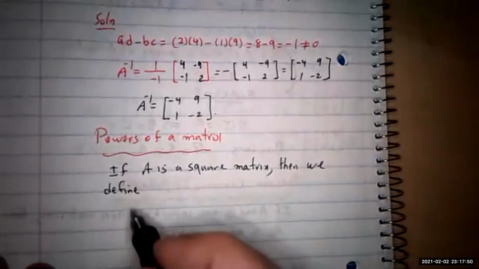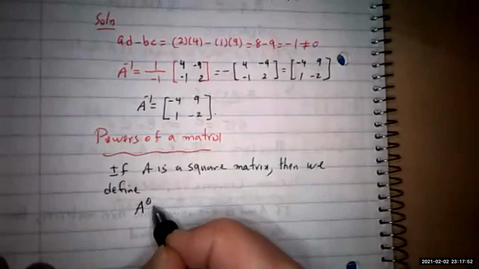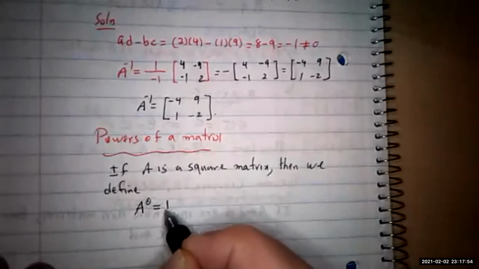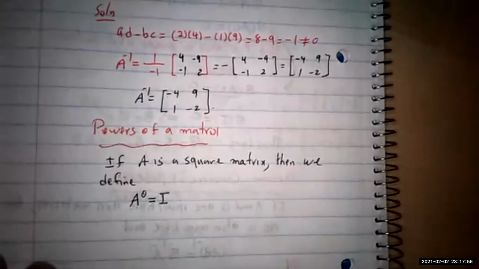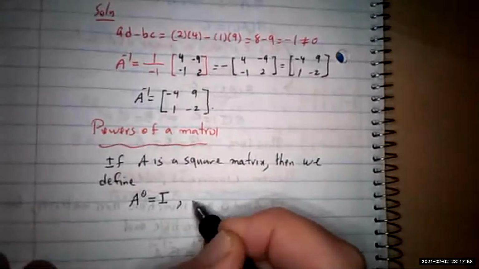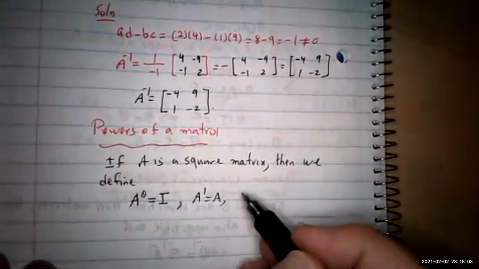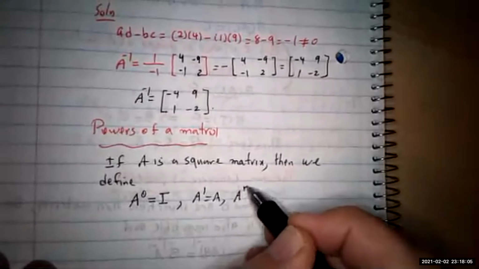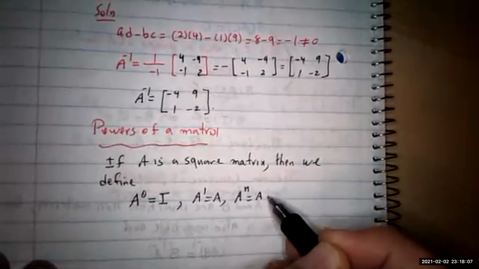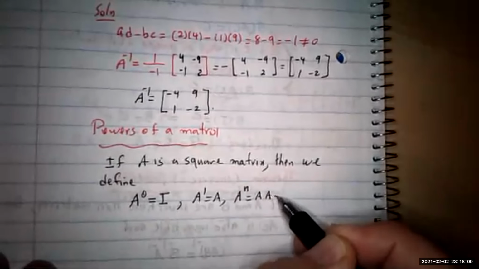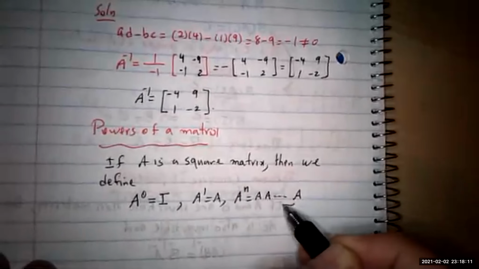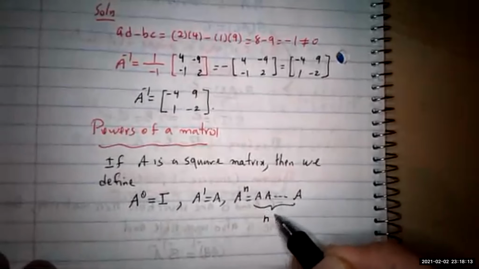A to the 0, as usual, we define it to be 1, but here 1 would be I. That's A to the 0. Then the first power is just A. The A to the n power is going to be A times A, n times.